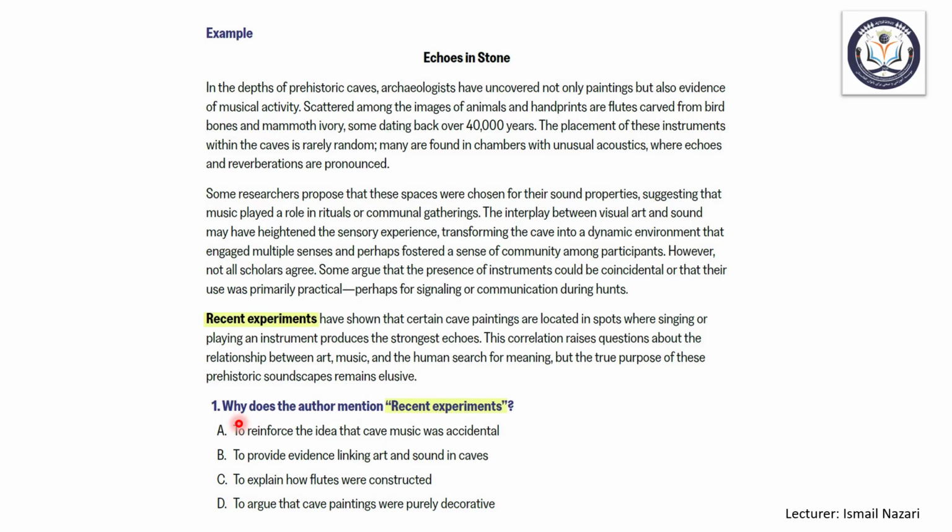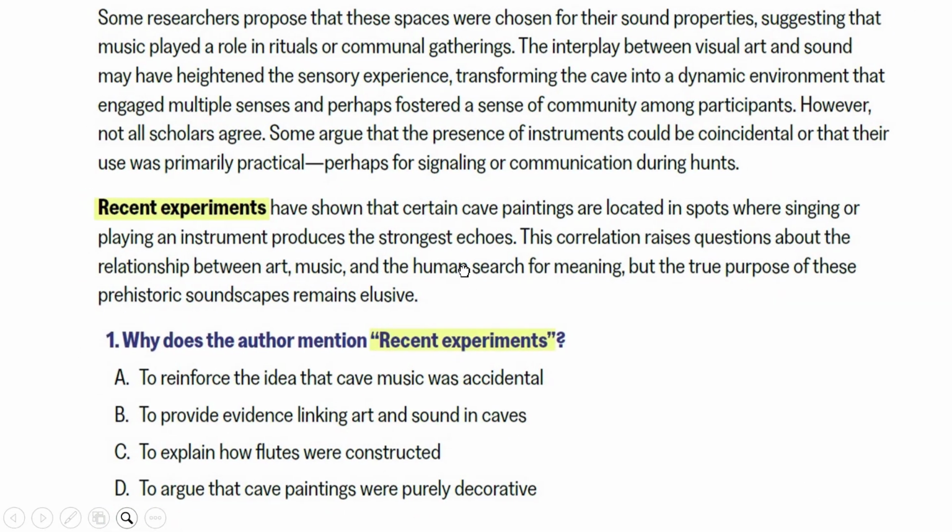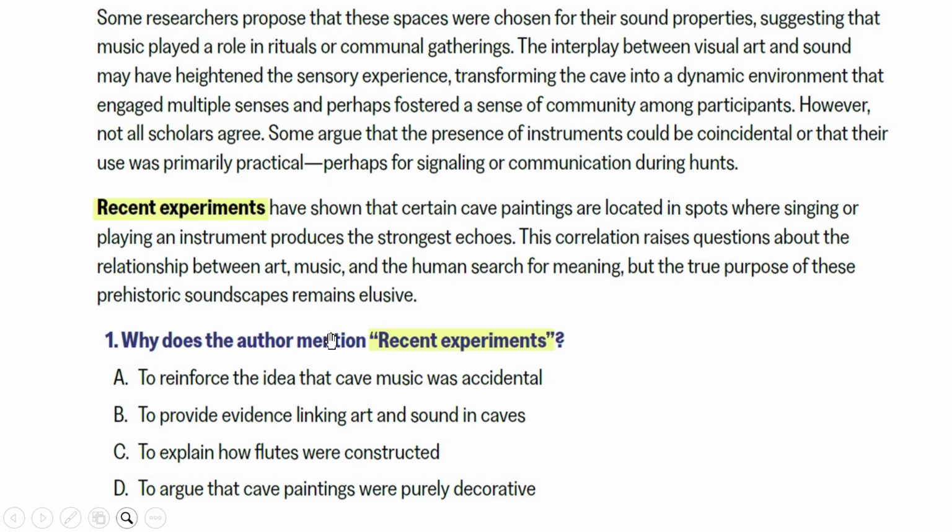It asks the purpose or the reason the author states a specific piece of information. What's that piece of information? Recent experiments. So the type of information which is being asked is purpose. Okay, the reason for stating a point of text.